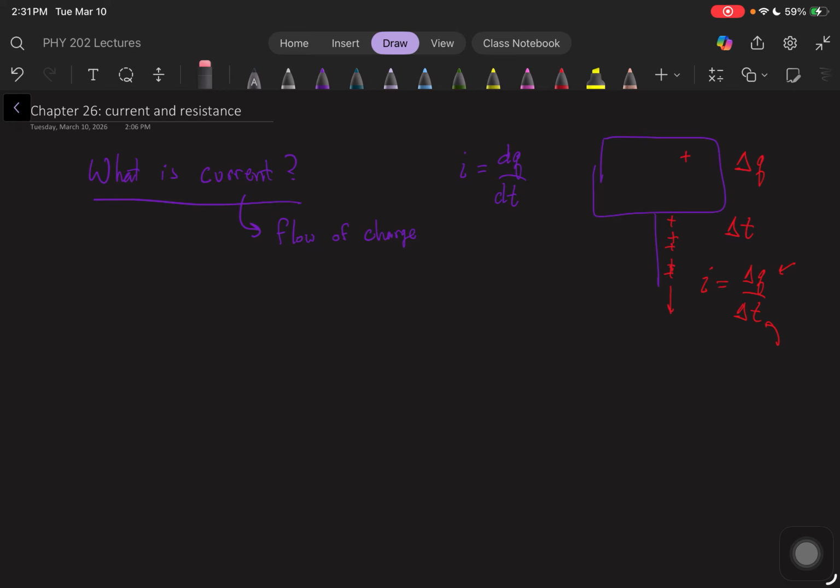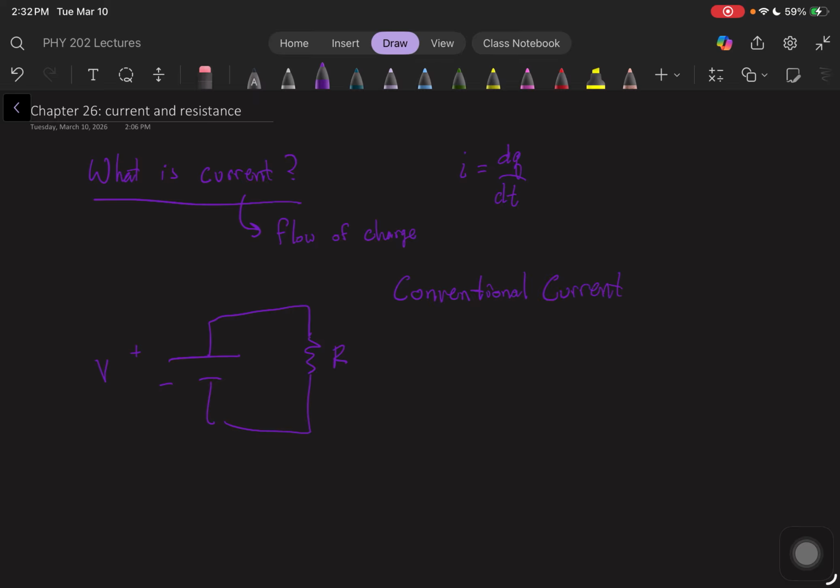And that's the idea. One thing we should keep in mind is that pretty much any circuit we deal with, let's say we have some potential from a battery, and then let's just say this goes on to a resistor, we almost always use what's known as a conventional current, which is the flow of positive charge.